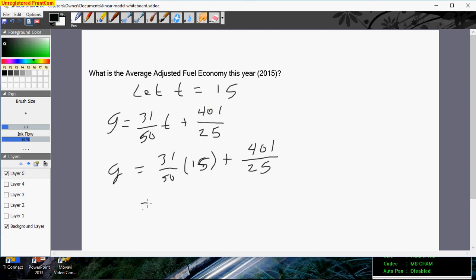So we're going to get 25.34 miles per gallon. And out of curiosity, I went to check what the fuel economy was actually for this year.